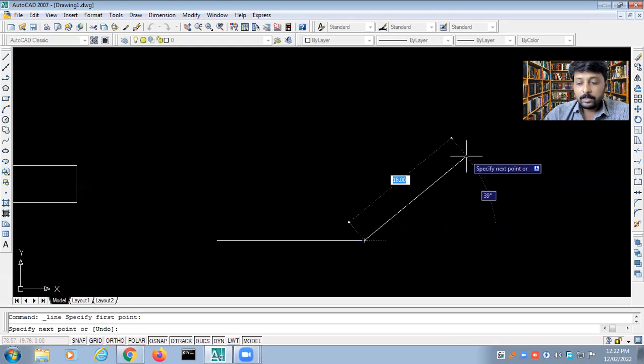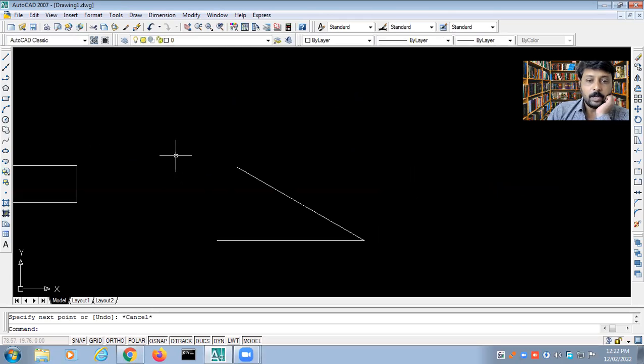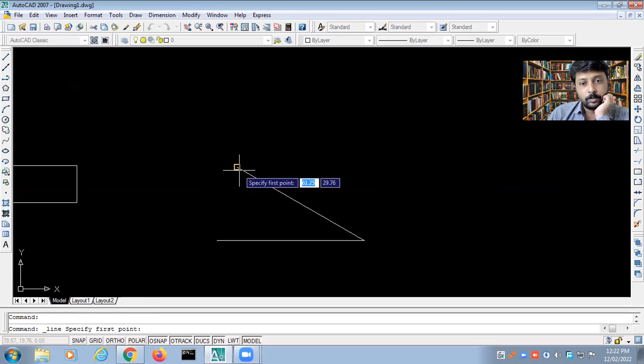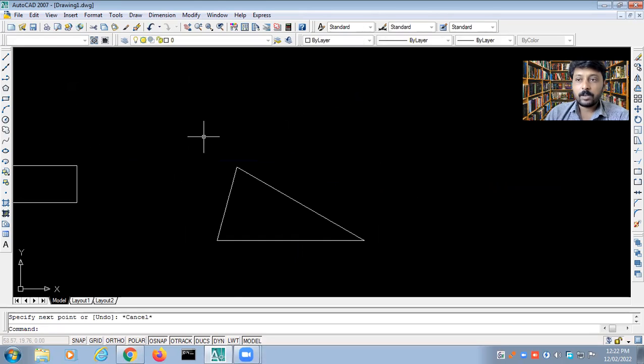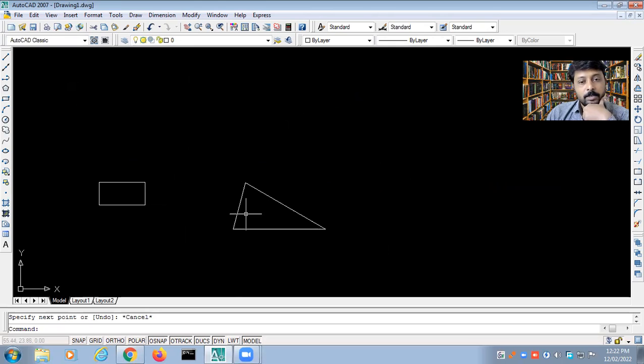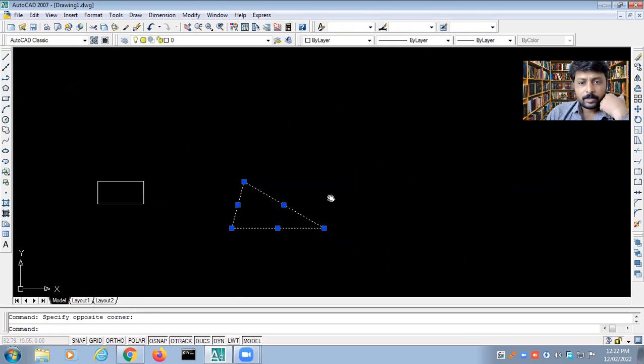The length should be 20, then tab and 150 angle. See, this is how it will look. Now I have 2 points, first point and second point, and I join them. This is how we complete the triangle. Got it? I hope you are getting it. It is very easy.